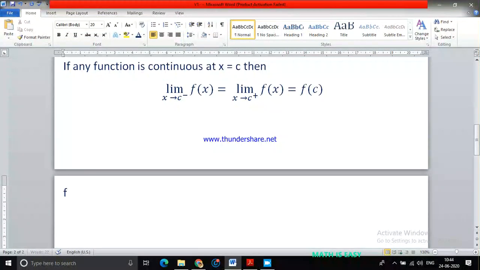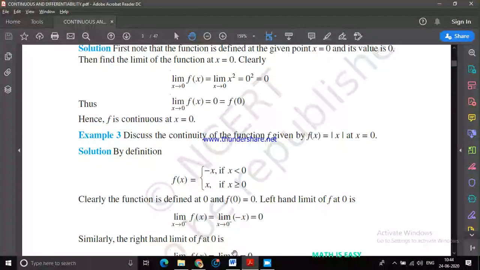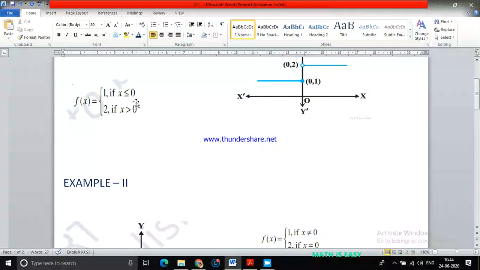Here they did not mention whether it is left of 0 or right of 0, like in the earlier example, where if x is less than 0, it is 1, and if it is greater than 0, it is 2.